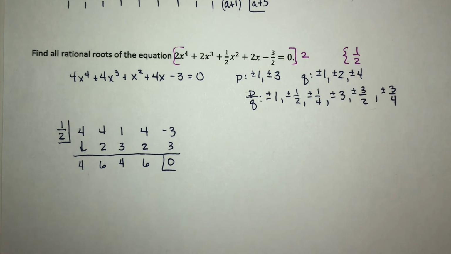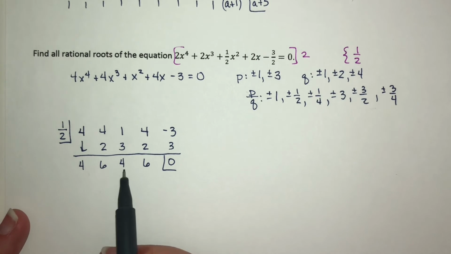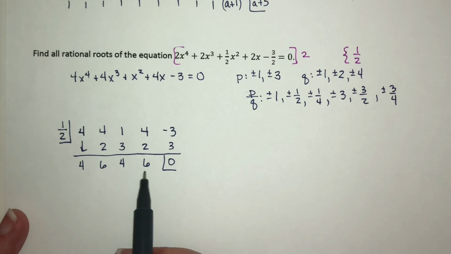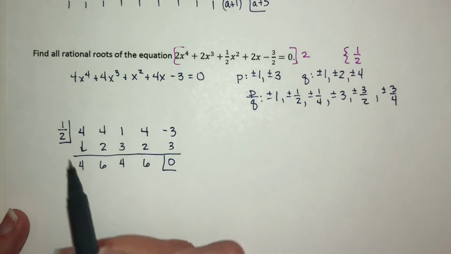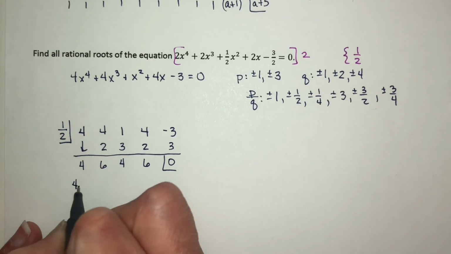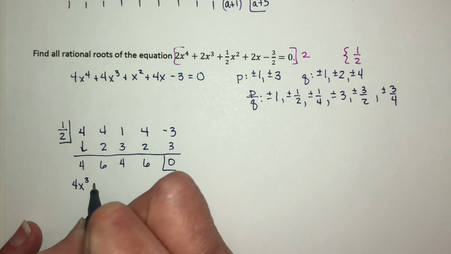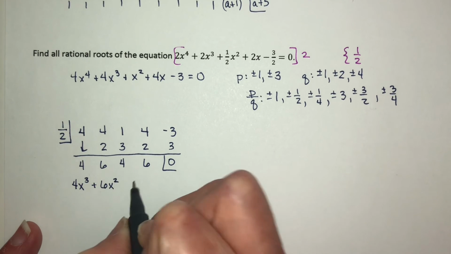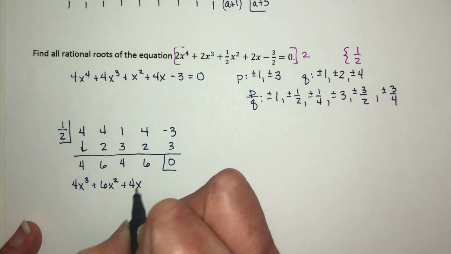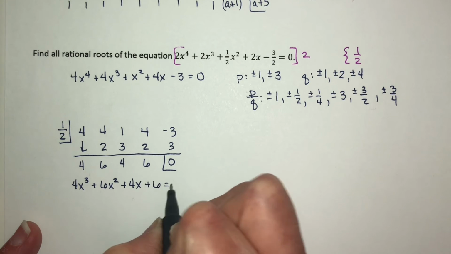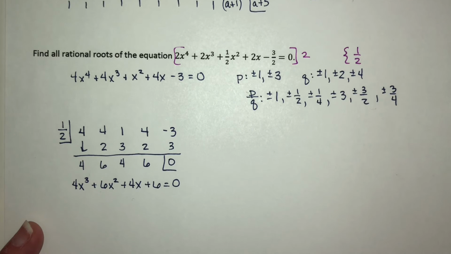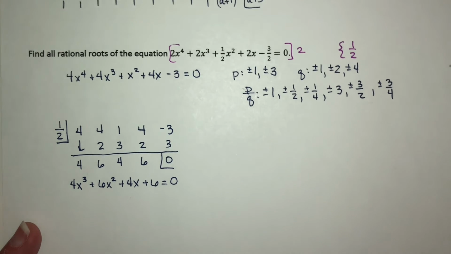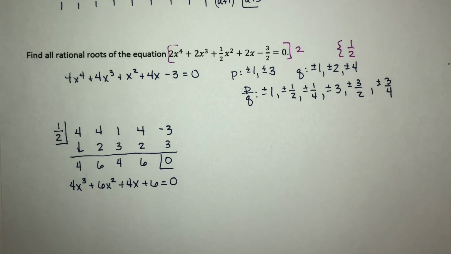Okay, so let's look at what we have right here. Write down this depressed equation. Well, this was a 4th power, so this is a 3rd. So I have 4x cubed plus 6x squared plus 4x plus 6, and I want to set that equal to 0 and solve. Okay, well, I can keep going. Or, like I said earlier, I generally look to see if something will factor.